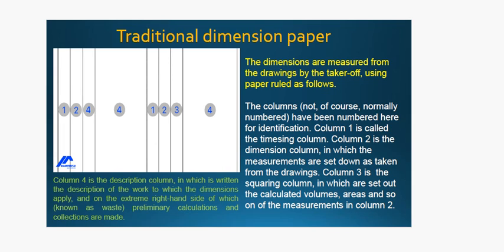So as we are moving on, we are going to leave alone much of the theoretical concepts, because now we are starting to cover the actual taking off, or you can also call it measurement.